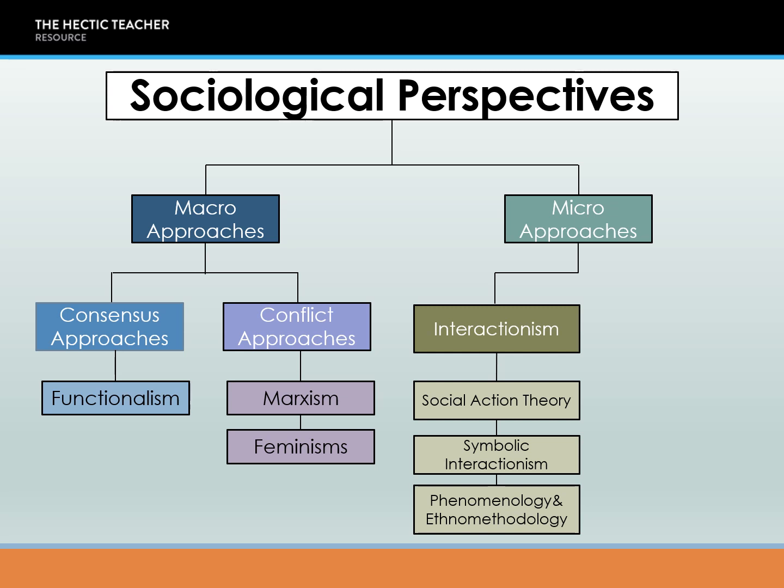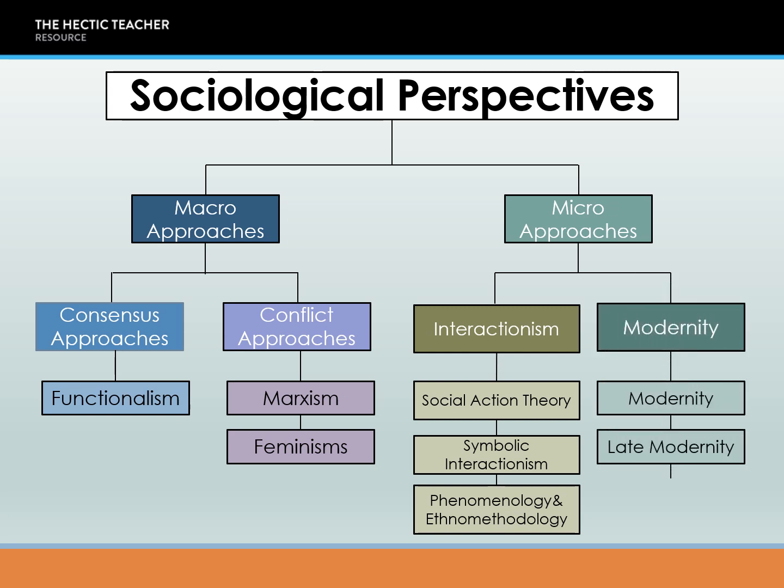Now, I've also put into the micro approaches modernism or modernity, which looks at modernity, late modernity and post-modernity. Now, technically this is not a micro approach. This kind of doesn't really fit into either macro or micro, because the modernity approach, and particularly post-modernity, kind of takes itself away from this idea of trying to create a universal truth about society.